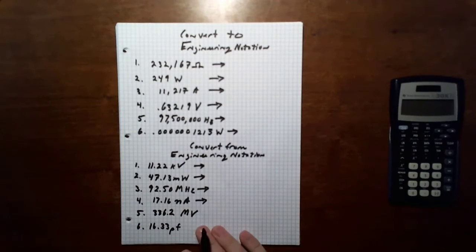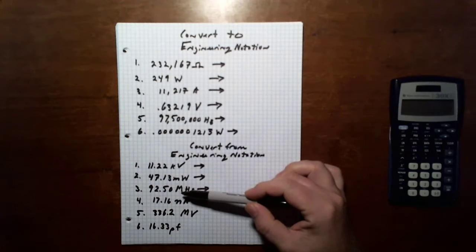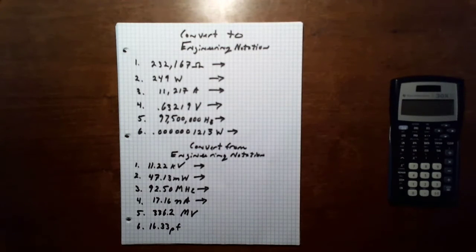We want to display our numbers in powers of 3. So everything down here is in kilo, mega, there's no giga, but if we go down to the small, there would be milli, micro, nano, and pico. So always 3.